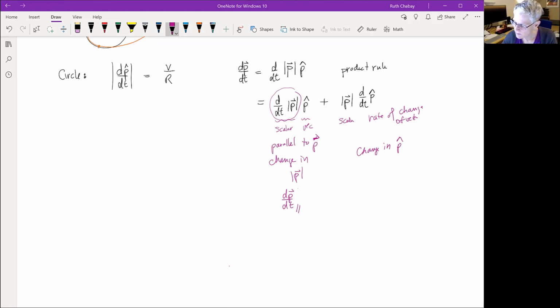So this is the piece that's the change in direction, perpendicular to the vector. So this is perpendicular to p. So this is the component of dp/dt perpendicular. Now, mostly we'll just write those symbols, but this is what they're equal to. And in some of the homework problems, you'll find these formulations here. So you should note that that'll show up in homework when you're asked for some of these things.